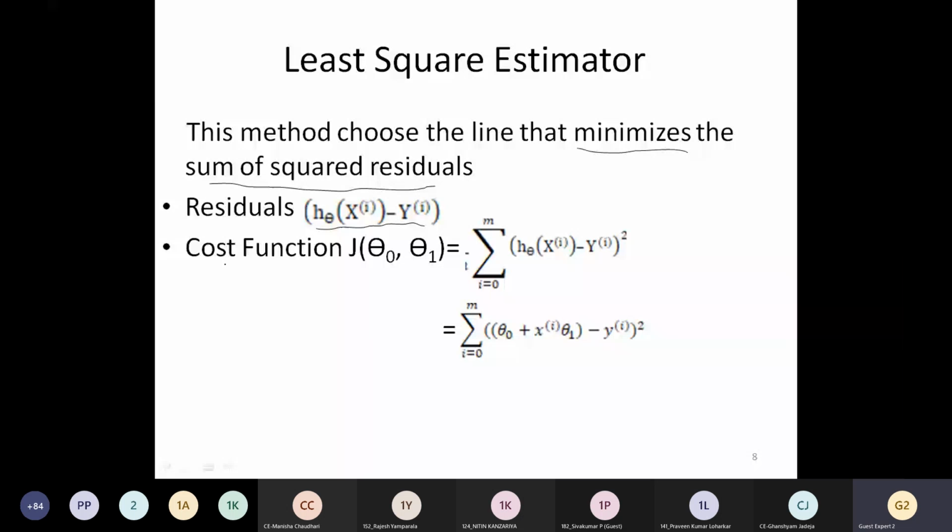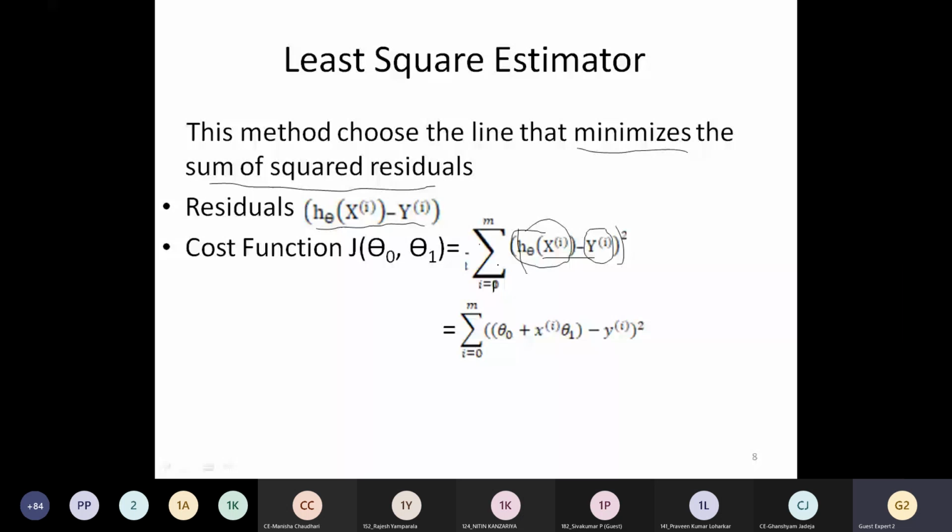And the cost function is defined like this, the square of the residual, sigma i equal to 1 to m, meaning for each data point in your training set, you have to find the predicted value and the difference of that predicted value with the y value, that is the residual, and then you square the residual and sum them for each. Okay, so this is the cost function which is used in the least square estimator.